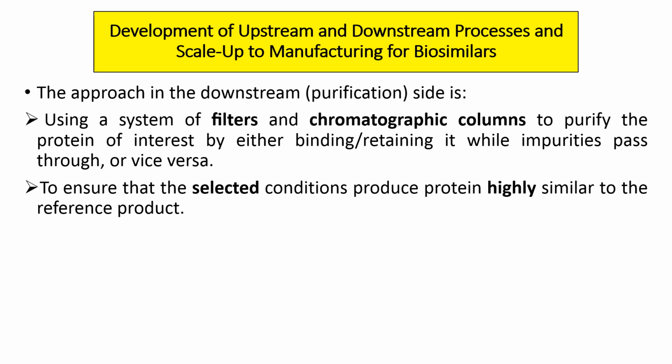So we do this. Why? To ensure that the selected conditions produce protein highly similar to the reference product. Keep in mind, we want biosimilarity to be attainable at all times.